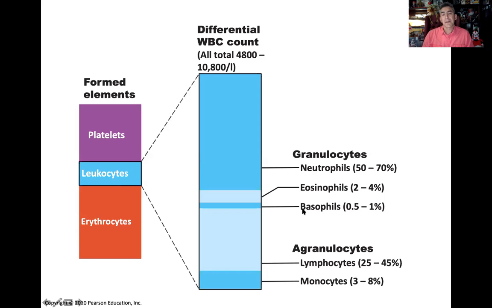That little mnemonic helps you remember the order from the most abundant to the least abundant of these cells, so it tells you the percentage. And again, it's separate from the granulocyte and agranulocyte grouping, but it is useful to remember.